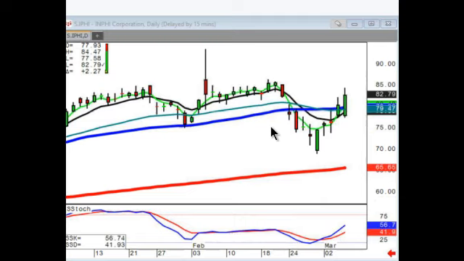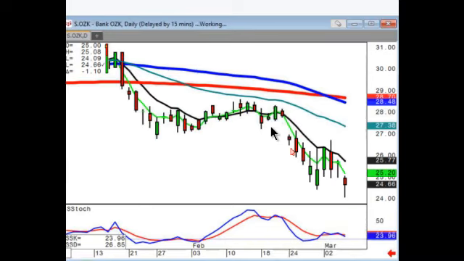OZK. Did that not come up? OZK. Stay short right now. If I was short, I'd have a safety stop above today's open, because logic says if it comes up through there, this area is acting as a support level.